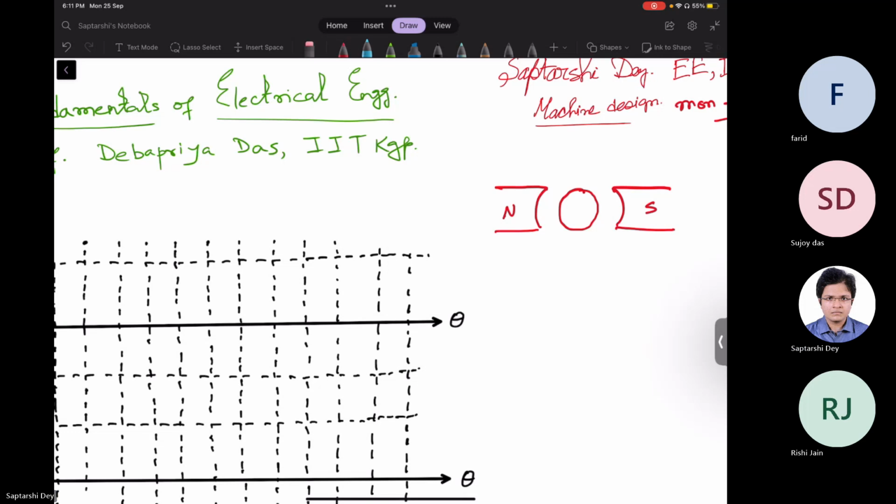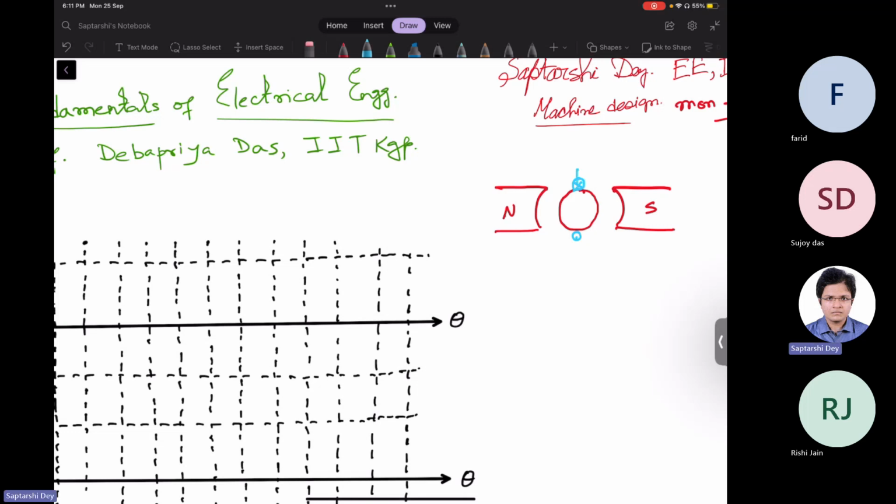Now, say you have one winding here, one phase here. So say one winding is here, cross and dot, one phase.